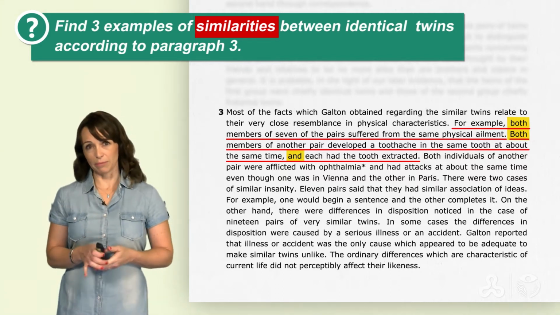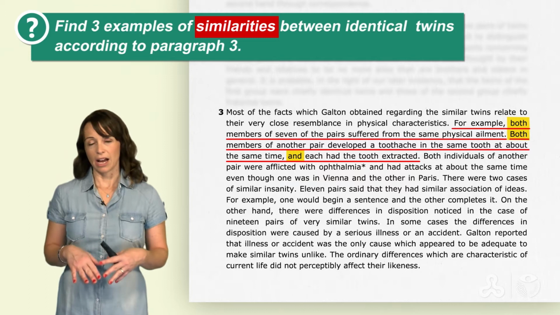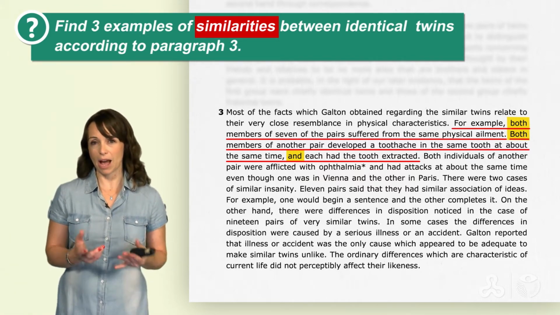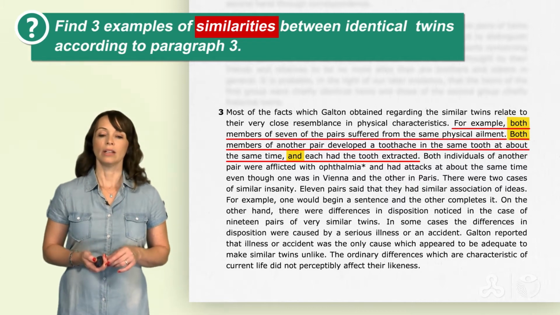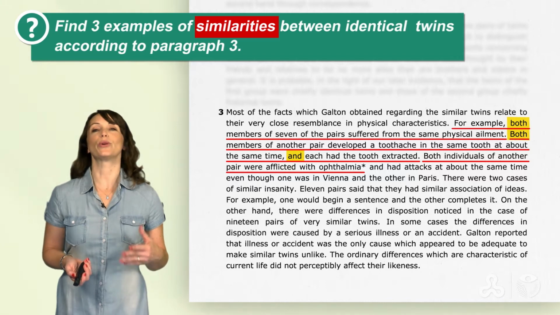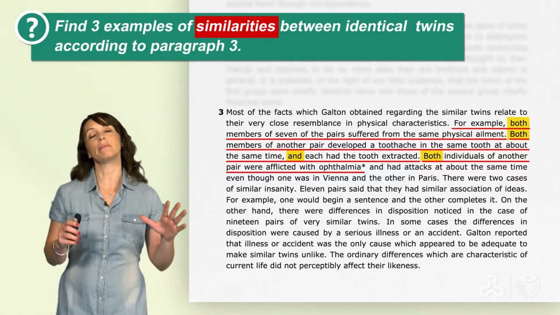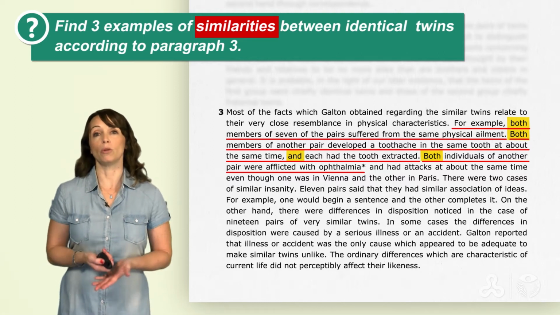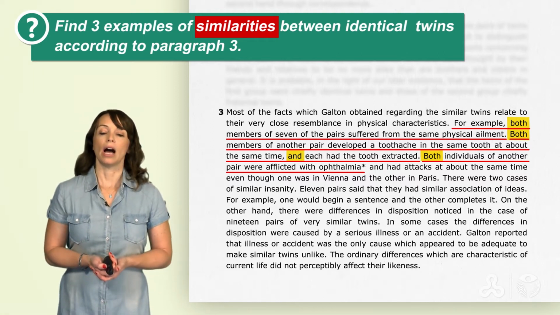So here they're telling me about twins that had the same problems with their teeth. Now again, as you can see, the text continues with the word both, which tells me that I'm getting the same kind of information. אני מקבלת אותו סוג של מידע, של דמיון בין זוגות התאומים.